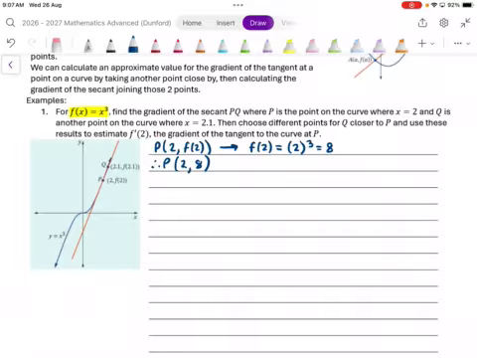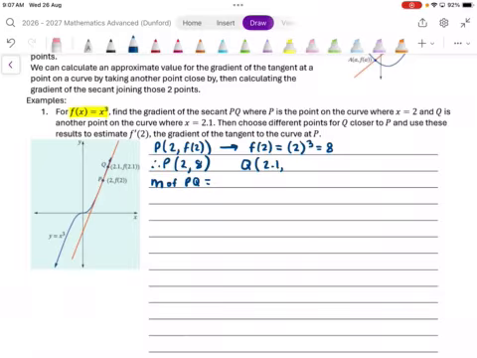So what we want to do is find the gradient of PQ. With our gradient of PQ, we have the point P, which is 2, f of 2, and then our point Q is 2.1, f of 2.1.